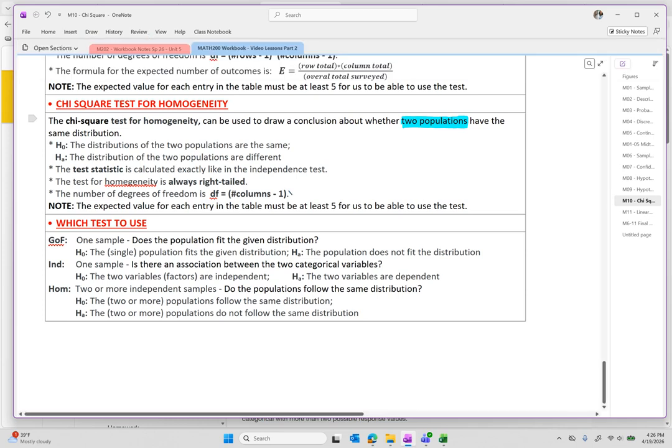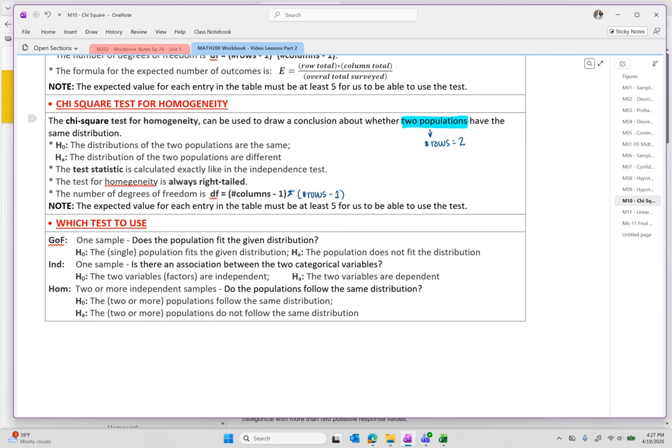So actually the degrees of freedom for this test will be the number of columns minus 1 times the number of rows minus 1. When you have two populations, then you have number of rows equal to 2, and therefore 2 minus 1 is equal to 1, and this is why the book says that the degrees of freedom equals number of columns minus 1.